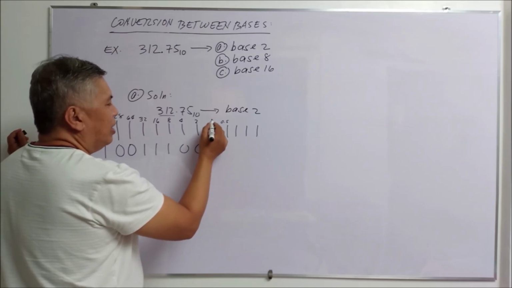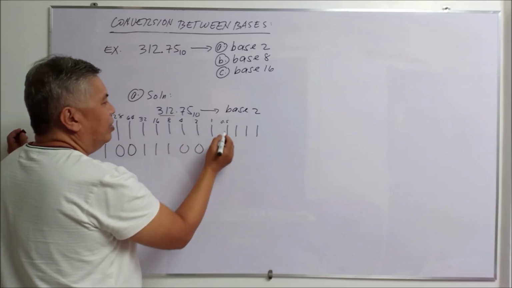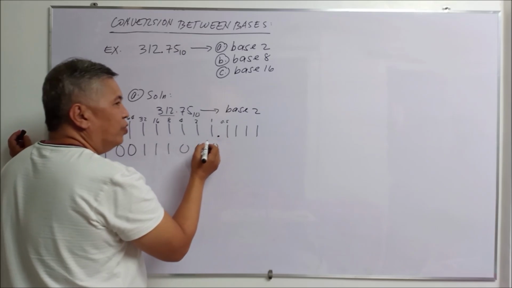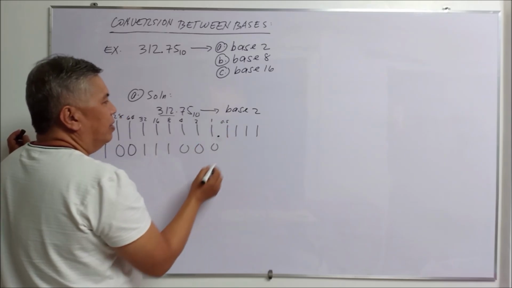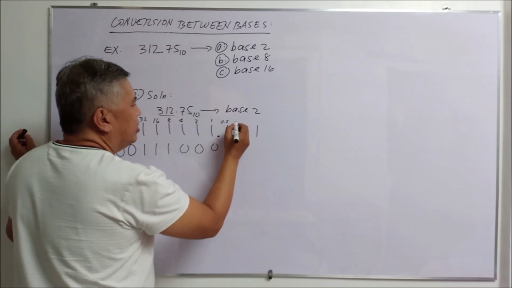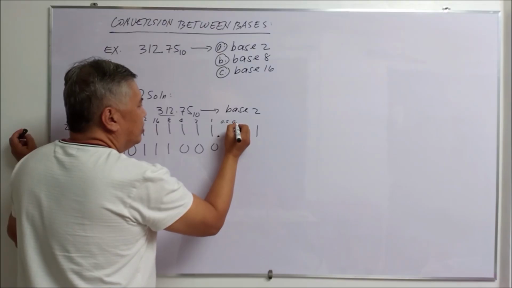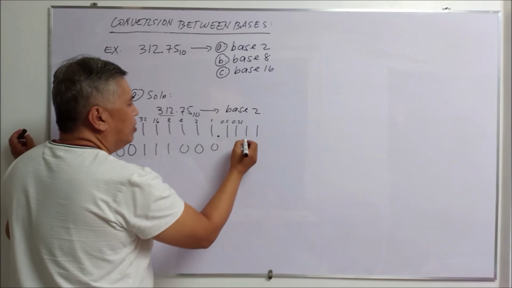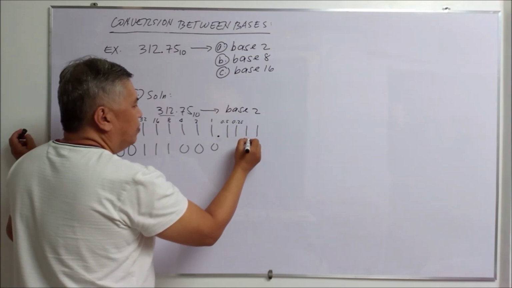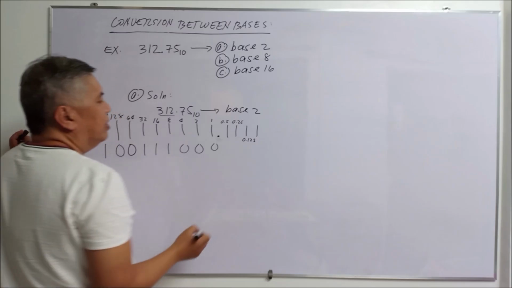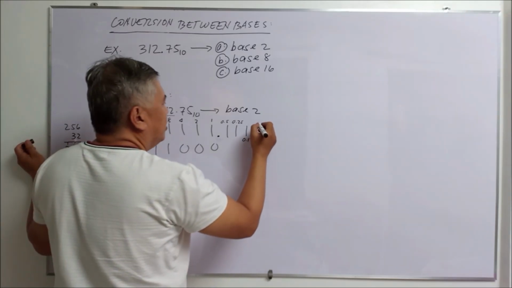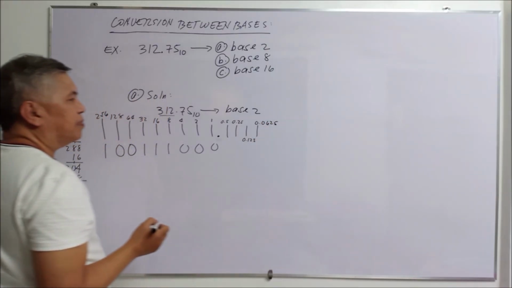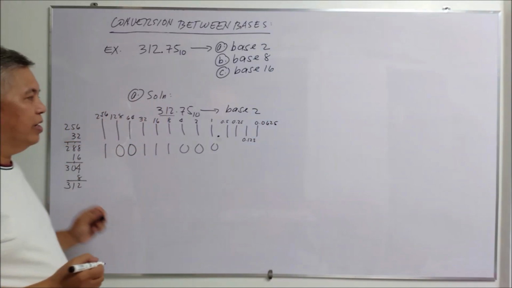So here, you have 1 divided by 2 is 0.5. 0.5 divided by 2 is 0.25. Then 0.25 divided by 2 is 0.125. Then 0.125 divided by 2 is 0.0625. So that will be our representation.